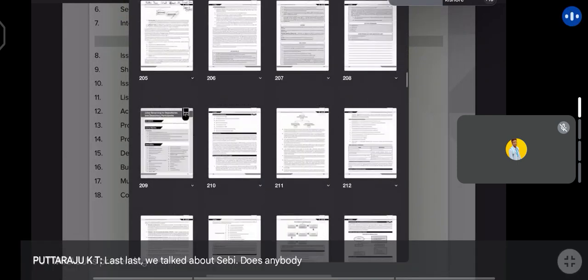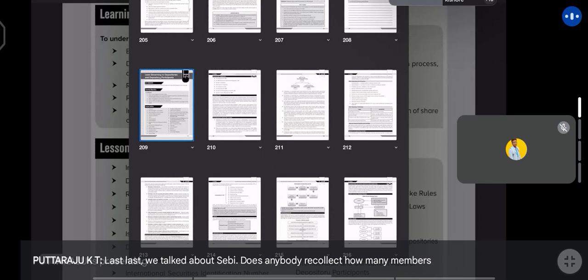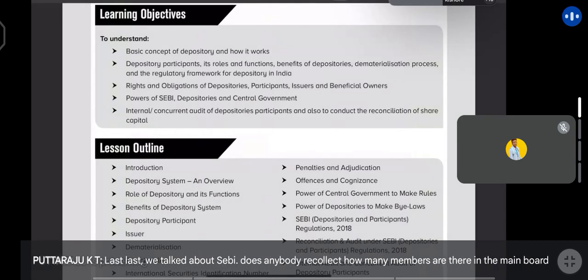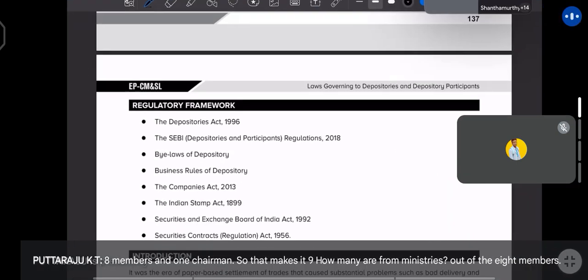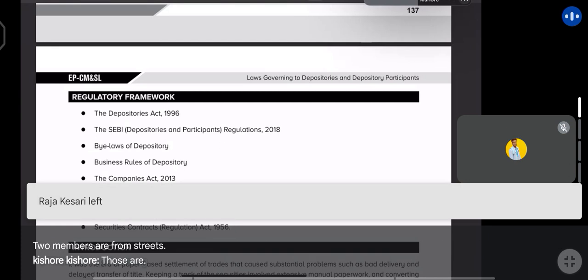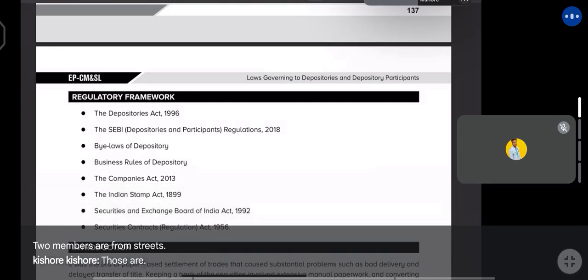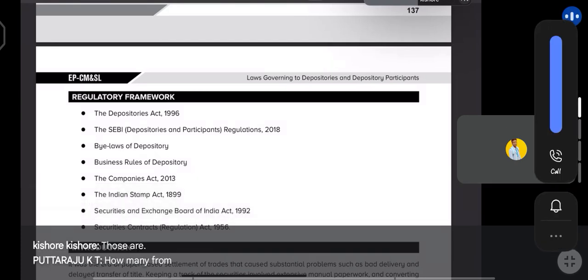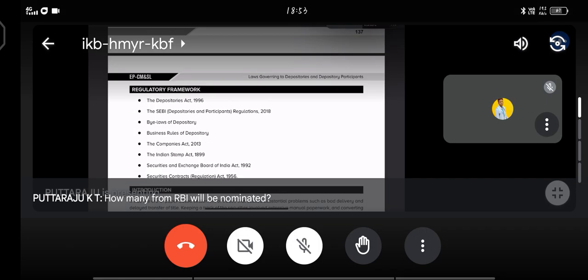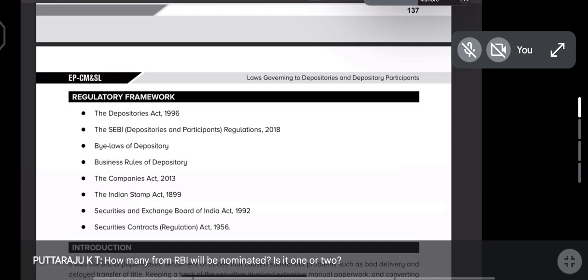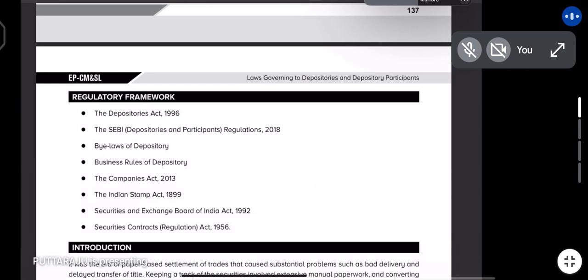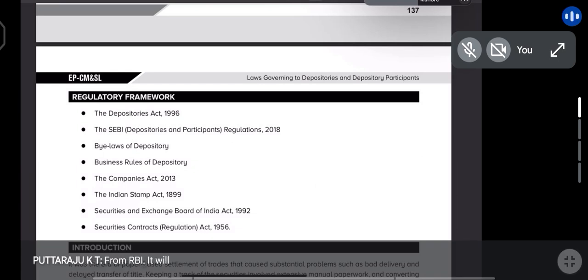Does anybody recollect how many members are there in the main board of SEBI? Out of the 8 members, 2 members are nominees. How many from RBI will be nominated? Is it 1 or 2? From RBI, it will be 1.